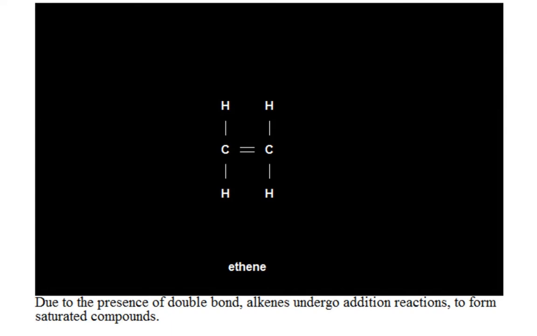Due to the presence of double bond, alkenes undergo addition reactions to form saturated compounds.